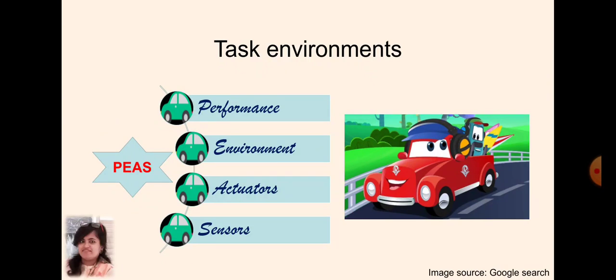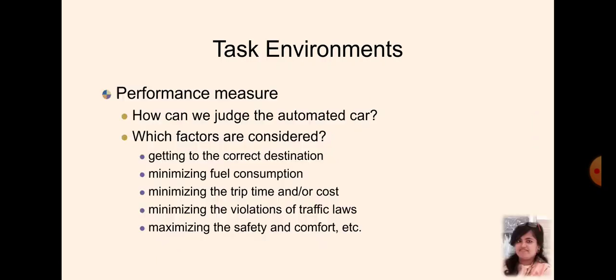On the right side, you can see the picture of a car. You might think this is just to give you a funky look. No. We are going to describe these environmental parameters, that is the PEAS, in terms of automatic cars. So the example is currently the automatic car.